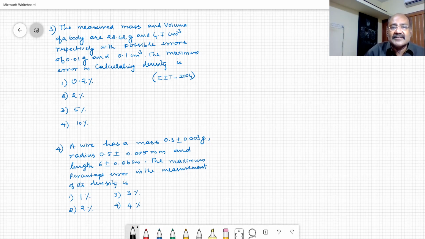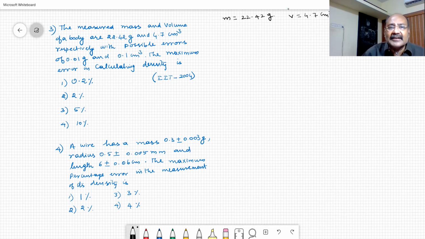The measured mass, let us consider the mass as M. So the value of the mass M is 22.42 gram. Then volume is given, so volume is equal to 4.7 centimeter cube. What else is given?